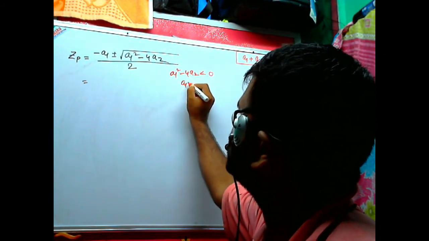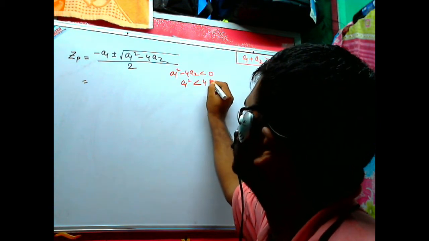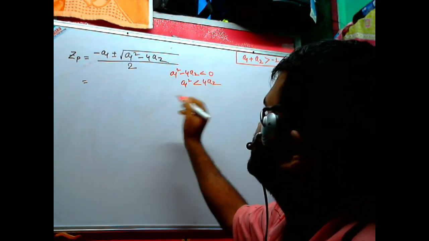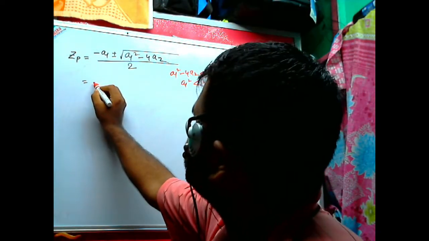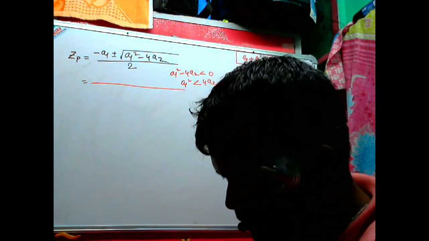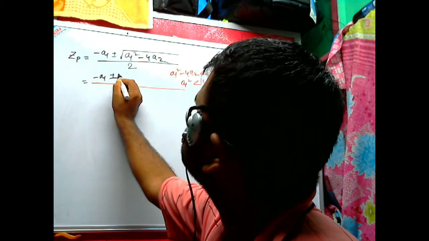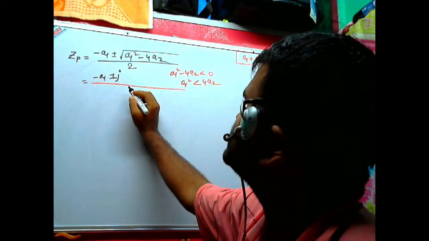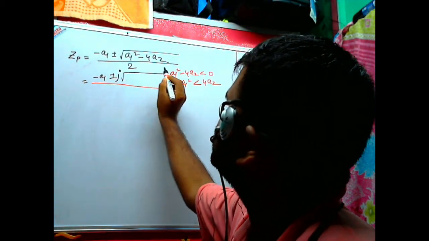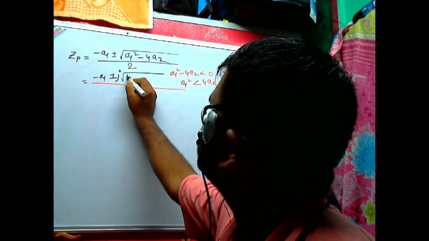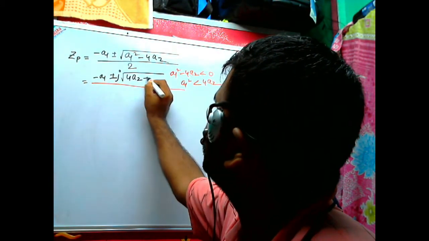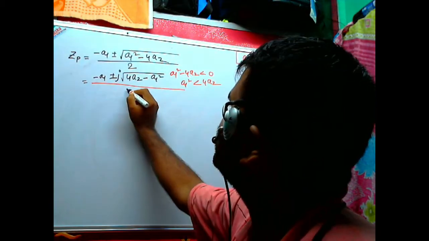So a1 square is less than 4 a2. We can write the poles as minus a1 plus minus j root of 4 a2 minus a1 square, divided by 2.